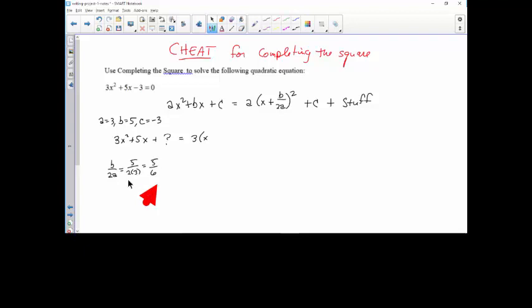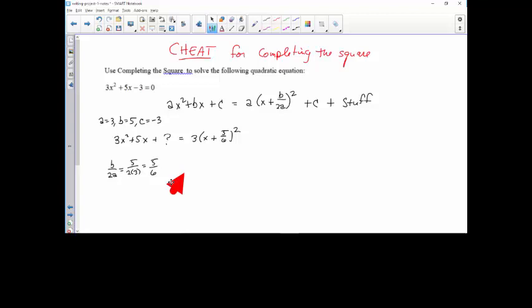Sorry, I wrote that wrong. But pull out the 3, write the 3 out in front of the quantity. That's the 3. And then x plus b over 2a for this situation. There's my b over 2a. Okay, and that's what that x plus b over 2a is going to look like.